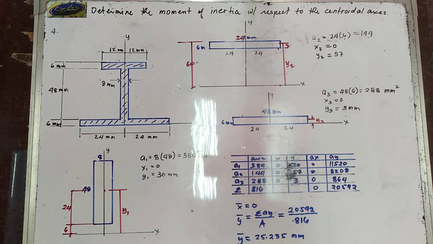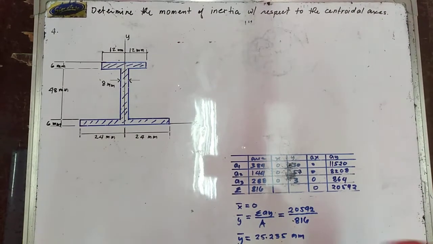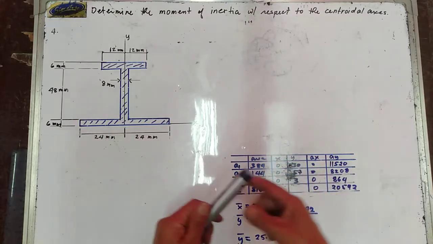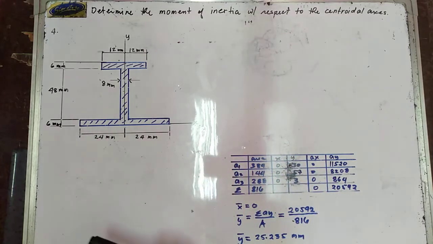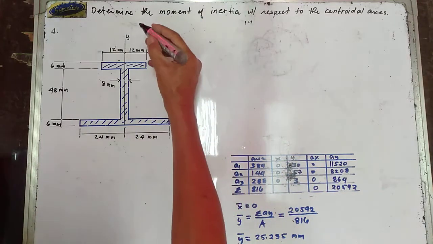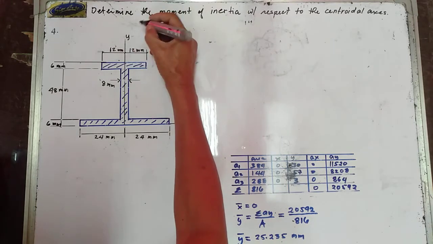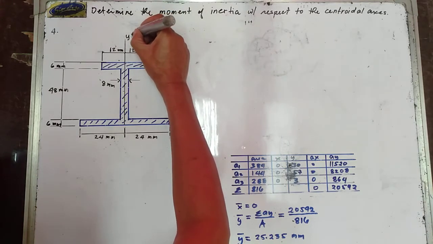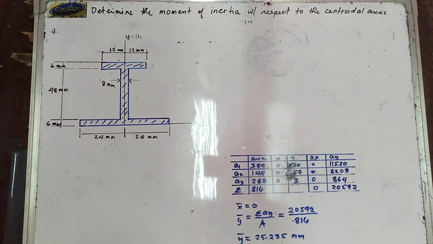So the moment of inertia with respect to the centroidal axis. Okay, so from this figure, bar x is equal to 0. Then the location of y sub O is the same as that of y. And then the location of x sub O is 25.235 mm from the x-axis.